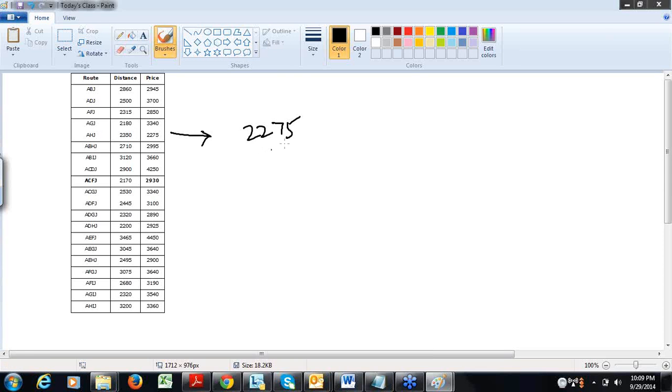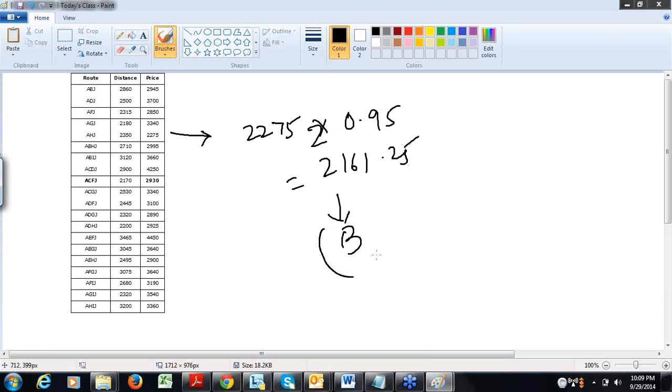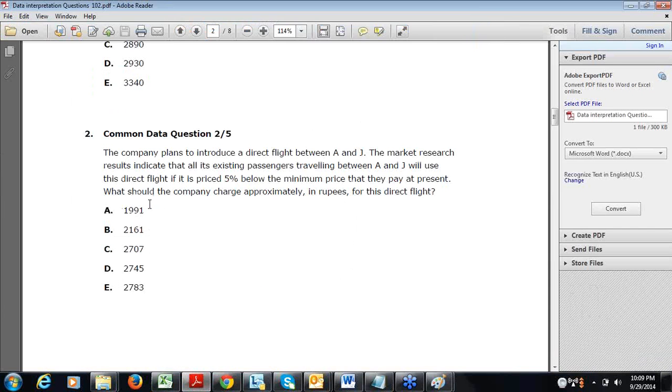So what it is saying, 5% less, so 0.95. What it will be? It will be 2161.25. So option B. Go ahead and mark option B, 2161.